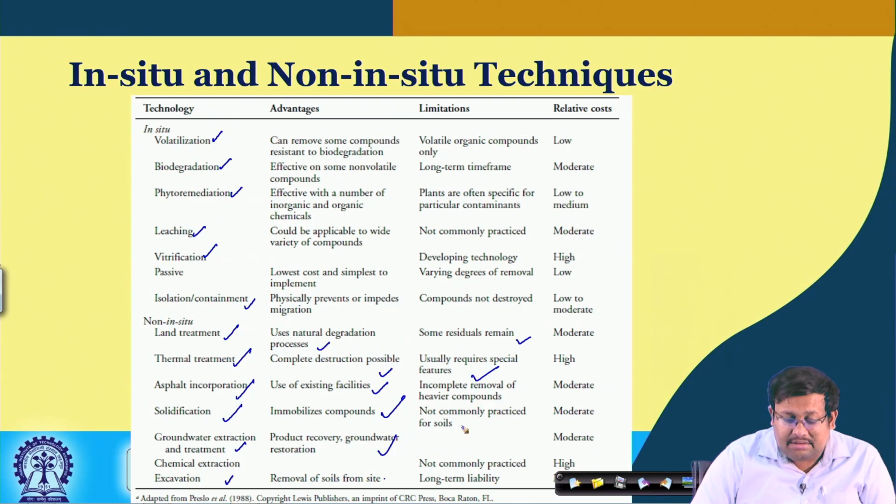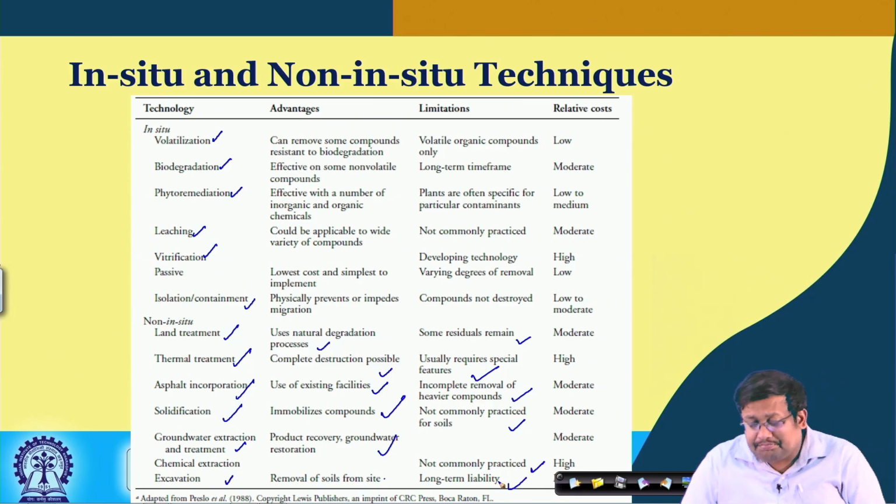Asphalt incorporation also has some limitation, for example, incomplete removal of heavier compounds. Solidification is not commonly practiced for soils, and chemical extraction is also not commonly practiced. However, excavation has a problem of long term liability.